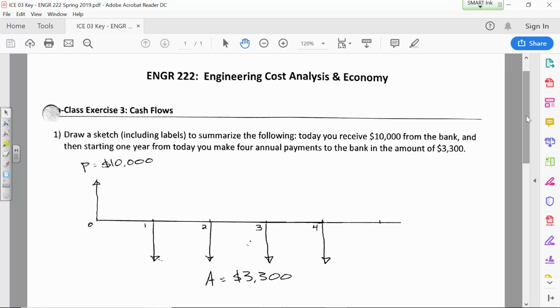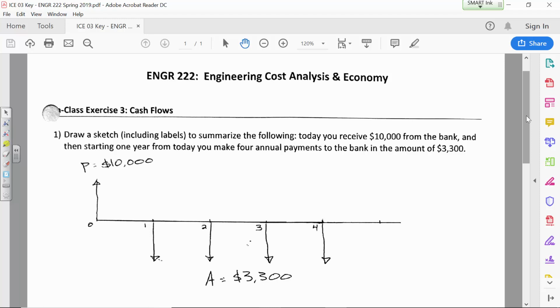Okay, so you get money today, and today is year 0, and we don't have any information about whose perspective it is, and so we assume that it's our perspective, that we're drawing this not from the bank's point of view, but from ours. So that means that time 0, when we get this money, is a line that's upward, and then you can see that there are 4 downward arrows in the amount of 3,300, and that's an annual series, so that's an A.